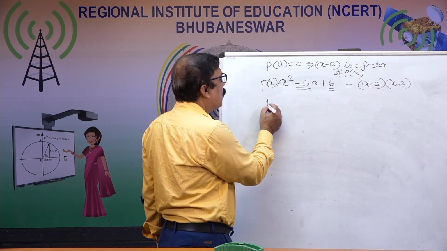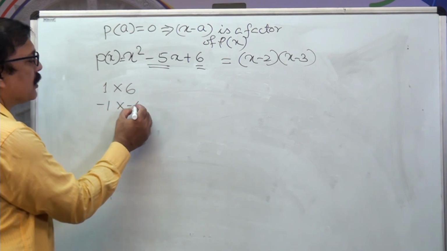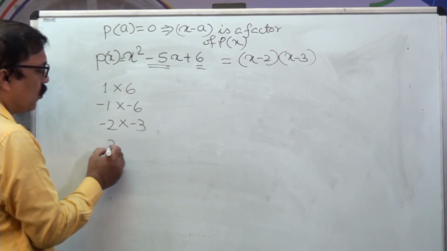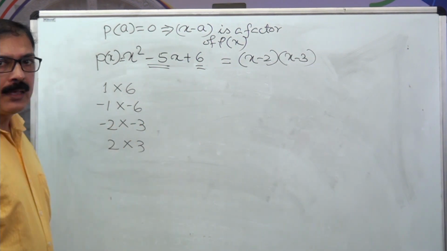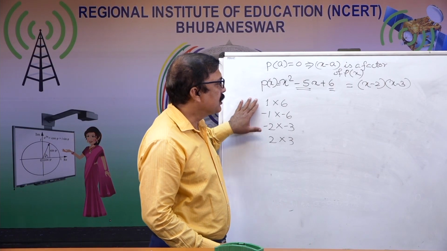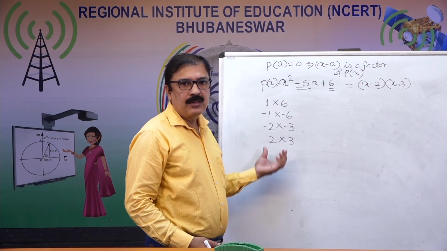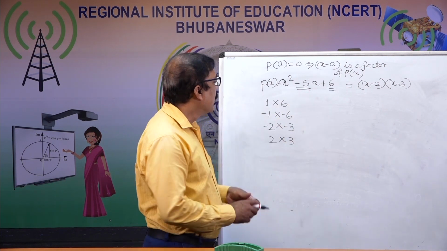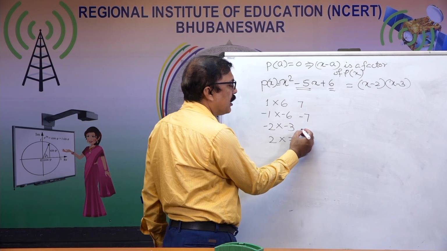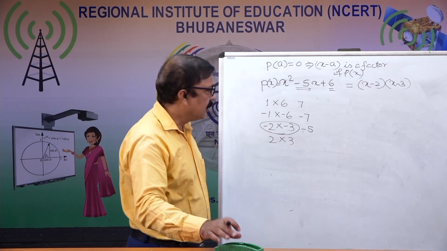So the numbers are 1 into 6, minus 1 into minus 6, minus 2 into minus 3, 2 into 3. So we have 4 pairs of products which result in 6. Now, in which pair is the sum minus 5? Here the sum is 7, here the sum is minus 7, here the sum is minus 5.